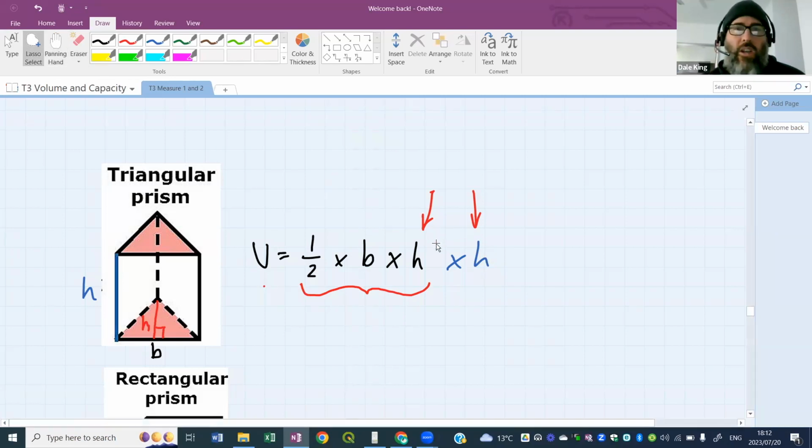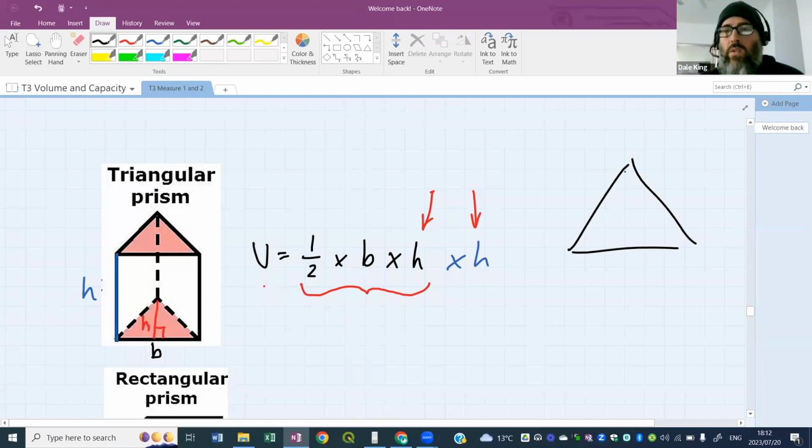No, it's right that you are confused, because in the triangular prism formula, if I draw a triangle here and I say, what is the area of the triangle? You need the base of the triangle, right? And then you need a height, which is this dotted line that must be at 90 degrees, right?